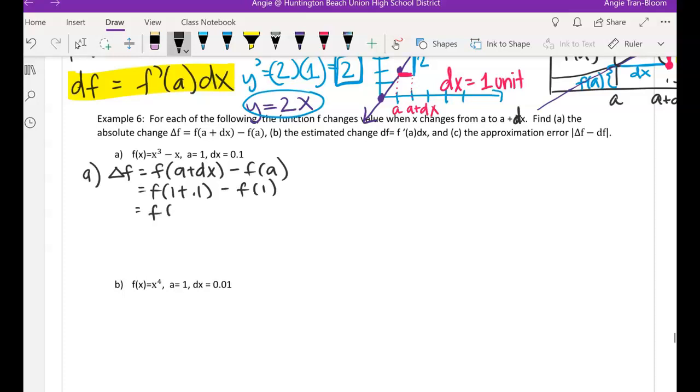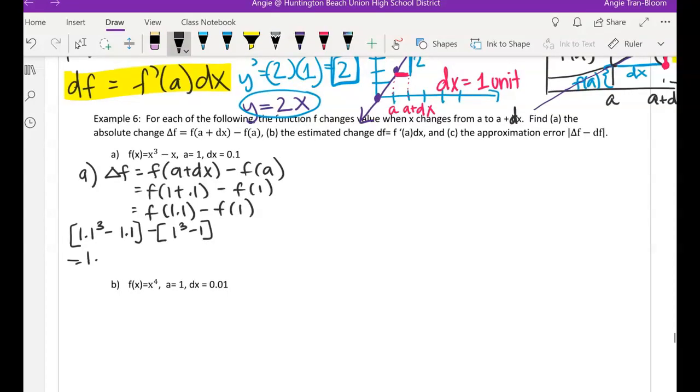So this is really f of 1.1 minus f of 1. And then we just have to plug it in. So first bracket, 1.1 to the third minus 1.1. Close that up, take away 1 to the third minus 1.